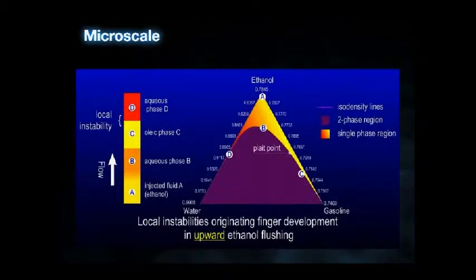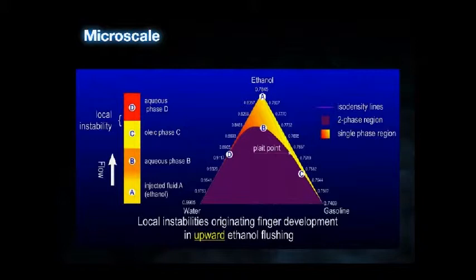When we inject ethanol here, it mixes with aqueous phase B, right? Well, the density here at this point A, pure ethanol, is lower than B, right? If A is lower than B, it goes through here, right, to the oleic phase, and that's the aqueous phase D, right?